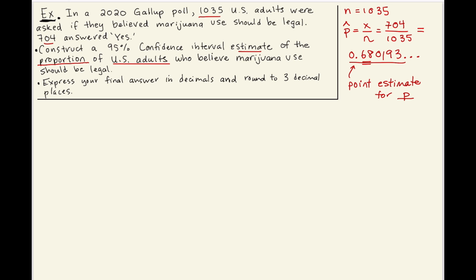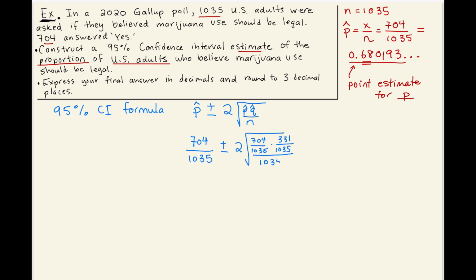Okay, since the requirements are met, we can use the 95% confidence interval formula. So I have my sample proportion, my multiplier times my standard error here. So I'm just filling in the numbers. Normally I would just punch this into my calculator to try to avoid any sort of issues with rounding.